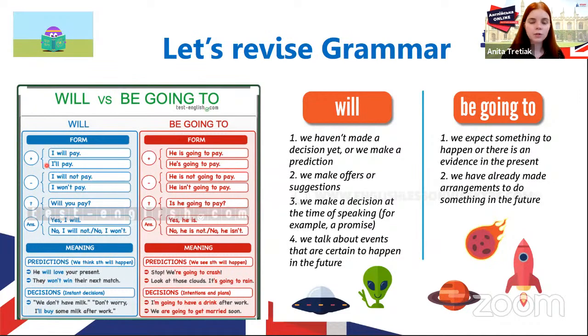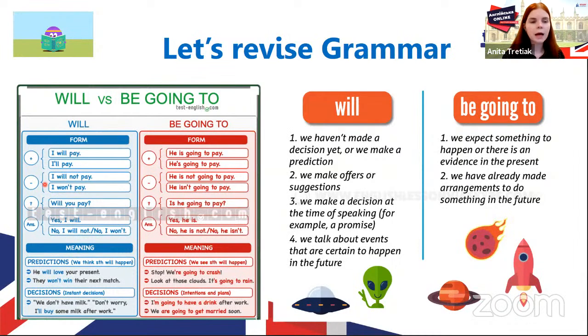And here you can use a contraction. You can see this apostrophe and double L, like I'll pay, you'll pay, and so on. So this is how we use the affirmative form. Now let's have a look at the negative form. For negative with will, you just simply need to add the word not.